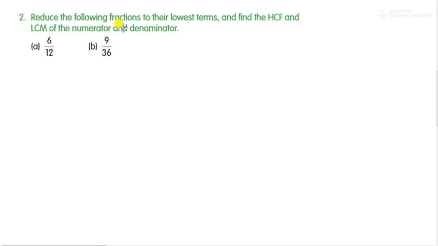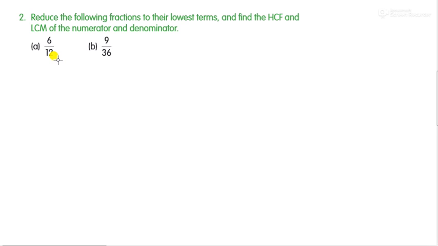Next, reduce the following fraction to the lowest term and find the HCF and the LCM of the numerator and the denominator. Here 6 by 12. So here the numerator divides the denominator with no remainder. The numerator is 6.